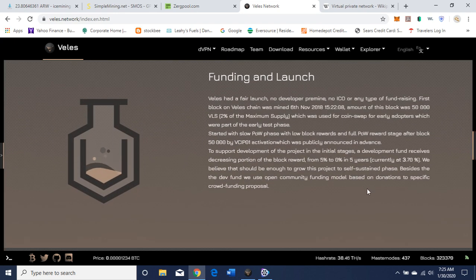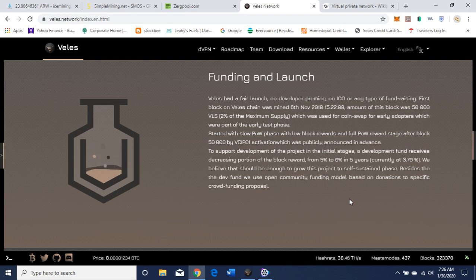Funding and launch: no developer pre-mine, no ICO, or any type of fundraising. The first block of the Veles chain was mined November 6, 2018. The amount of this block was 50,000 VLS, 2% of the maximum supply, which was used for a coin swap for early adopters, which were part of the early test phase.